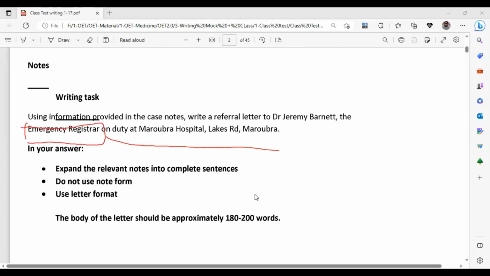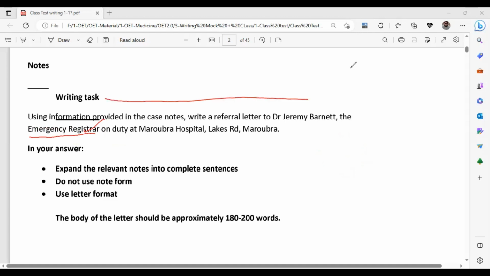You need to put yourself in the shoes of the emergency registrar: if I were the emergency registrar, how would I need the information that has been written in the case notes? So the first thing is to see to whom we are writing this letter, the recipient.